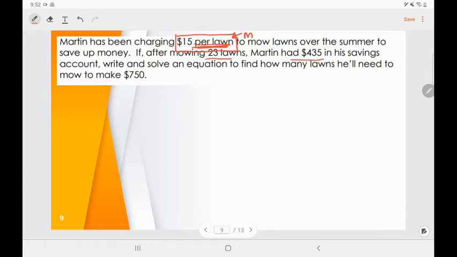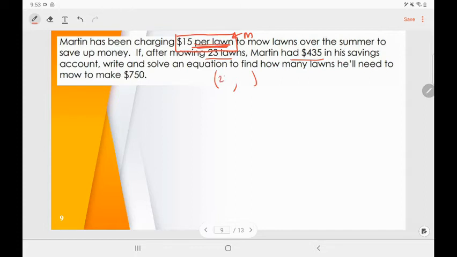Now, before you jump gung-ho on writing my ordered pair, before you just plug in numbers, make sure you think about what my input and what my output would be. Remember that the input, or the independent variable, is the thing that you have control over. Martin has control over how many lawns he mows, and the outcome is how much money he saves.